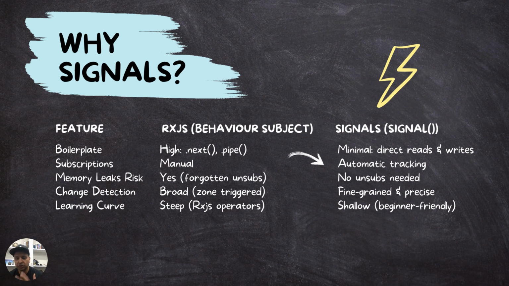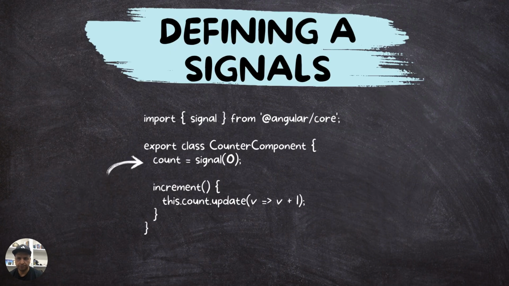Now for global streams like WebSocket connections or event buses, RxJS is still the way to go. But for component-driven UI state, signals are often the better tool. So now we know why signals matter. Let's look at how to actually use them.